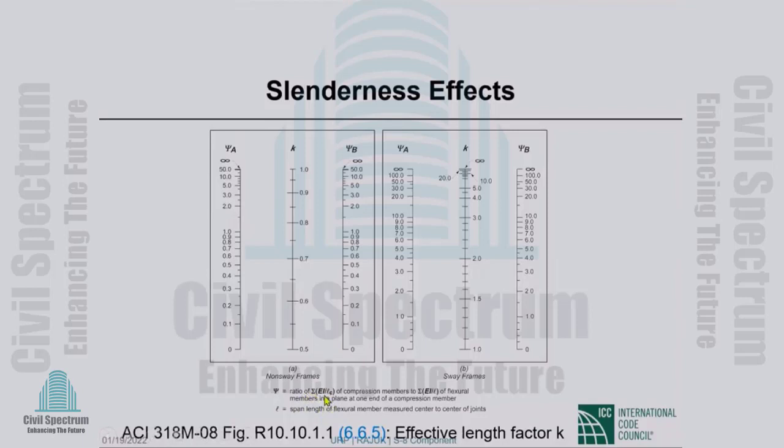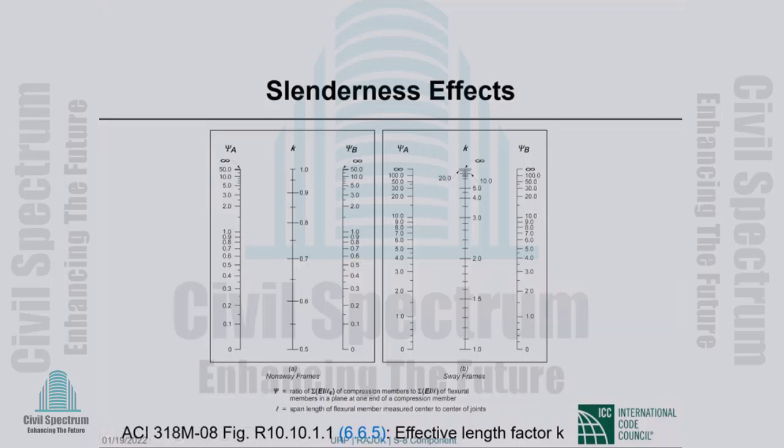Okay, the ratio of EI over L of compression members to EI over L of flexural members. So you will take the column stiffness to beam stiffness ratio at both ends and depending upon the values, the psi A and psi B. So if your psi A is here, psi B is here, you draw a line between the two. Wherever you cross the middle line gives you your K value.